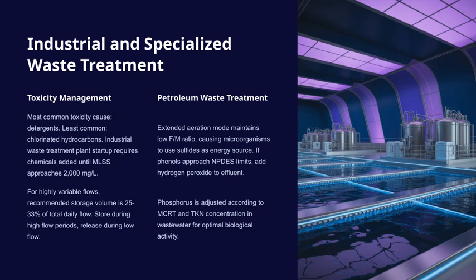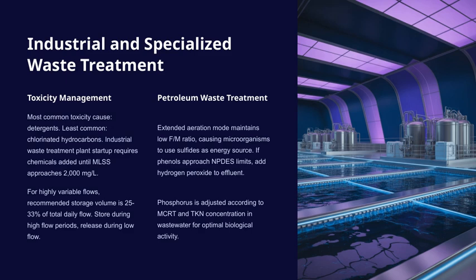Now, for waste streams with highly variable flows, it's recommended to have a storage volume that accounts for about 25 to 33% of the total daily flow. Essentially, you store excess during high-flow periods and then release it during low-flow times, ensuring a steady treatment process. Switching gears to petroleum waste treatment, operating in extended aeration mode helps keep the food-to-microorganism ratio, or FM ratio, low.